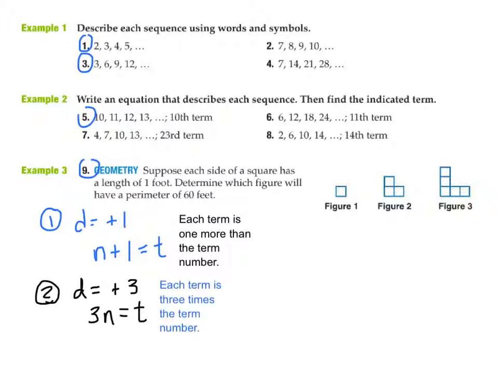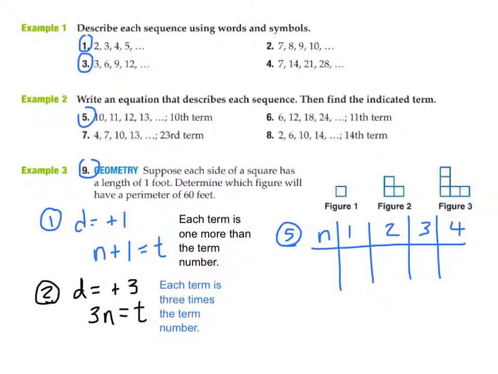Onward to number 5. For number 5, I need to go in and do what I did for the previous problem example 2. Well, first of all, I need to think about what's my situation here. Well, term number, I have 1, 2, 3, and 4 terms. And those terms are 10, 11, 12, and 13.